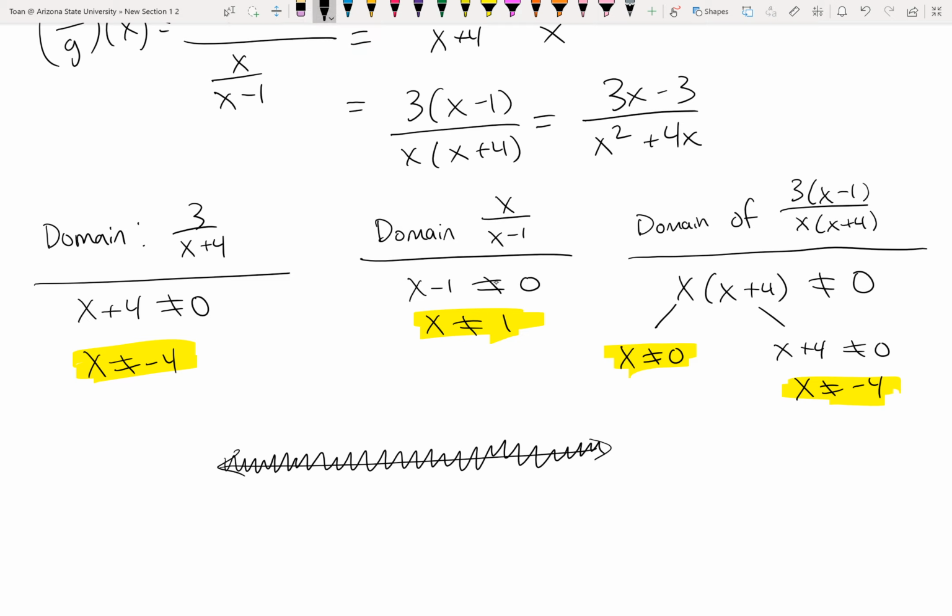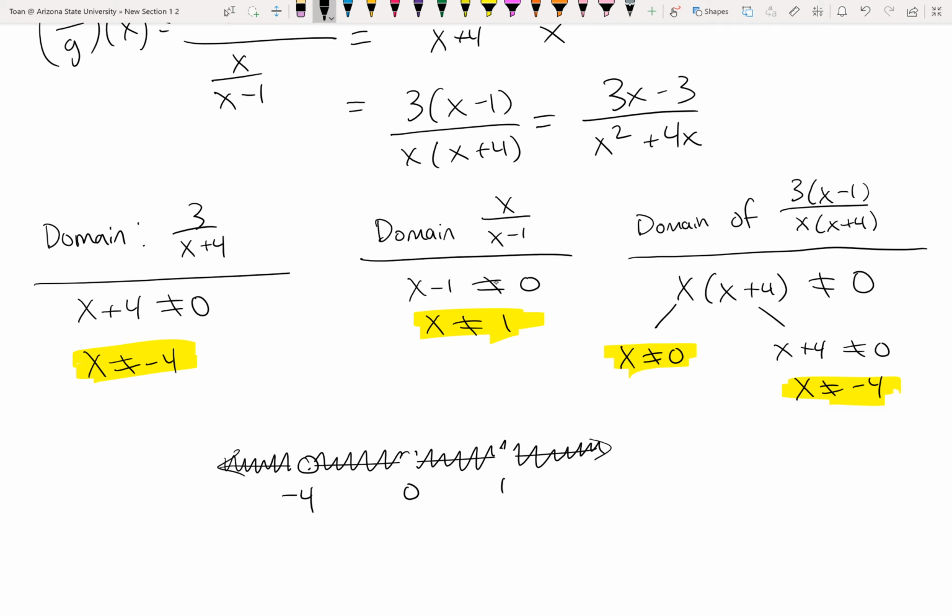So let's mark our numbers here. So we have, let's say -4 is over here, let's say 0 is here, and let's say 1 is here. According to our math, this domain can't be -4. So at -4, I'm going to erase. According to our math, it can't be 0. So at 0, I'm going to erase. And at 1, I'm going to erase.